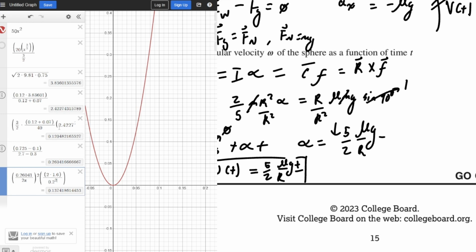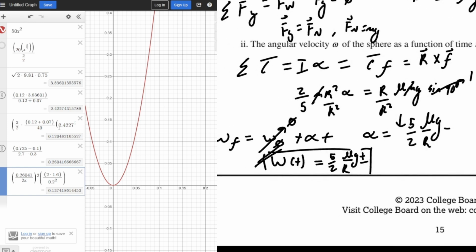You cannot say that the angular velocity will be decreasing, because it's actually increasing. You could pay respect to the direction and say it's negative, but in this case we're going to think of it as positive because it's going to be increasing.